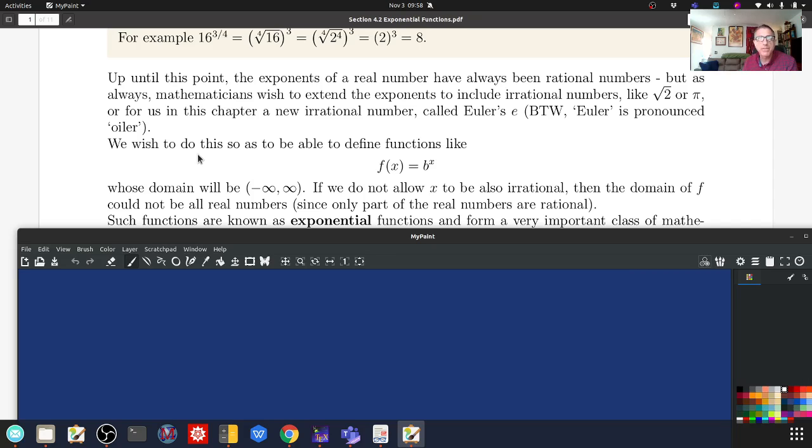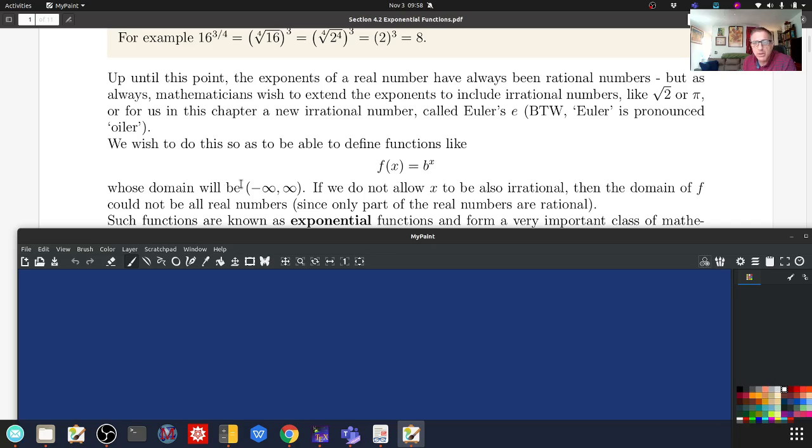We want to define a function whose domain is all of the real numbers. And that function would be something like this: f of x is equal to some fixed number b, which is our base, raised to the exponent x.